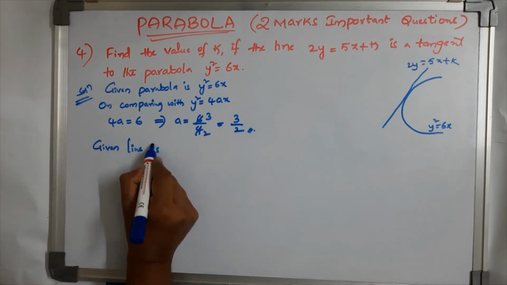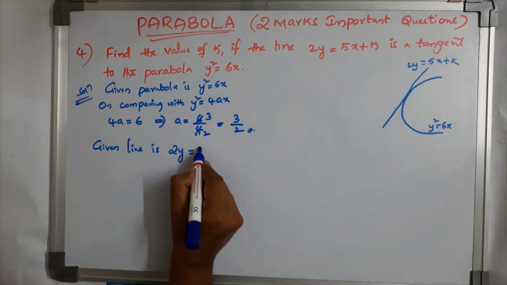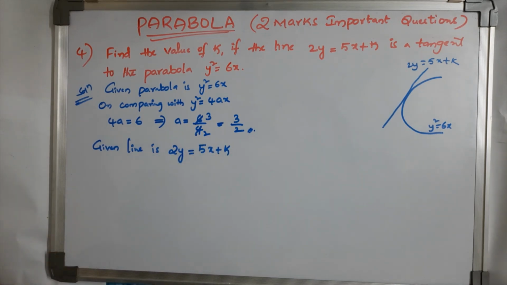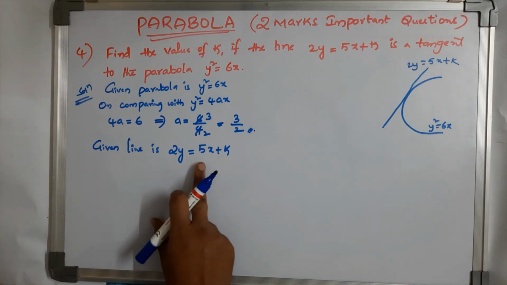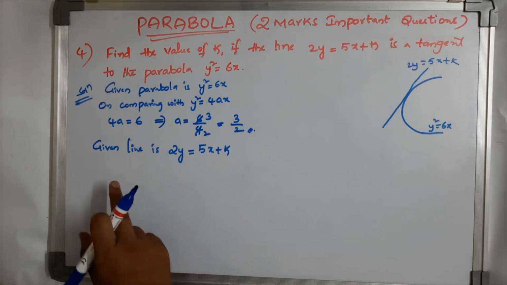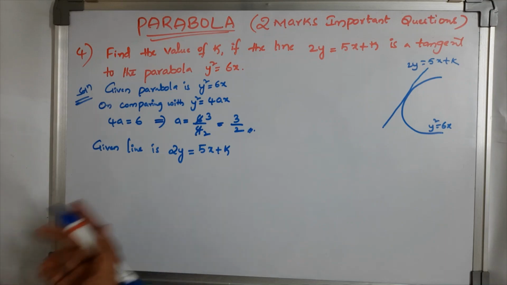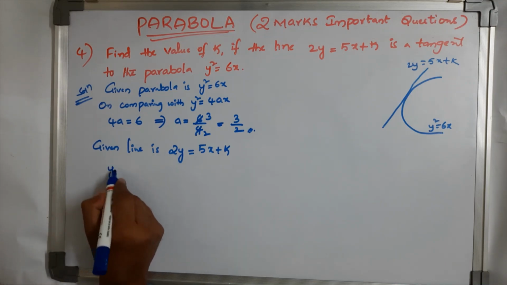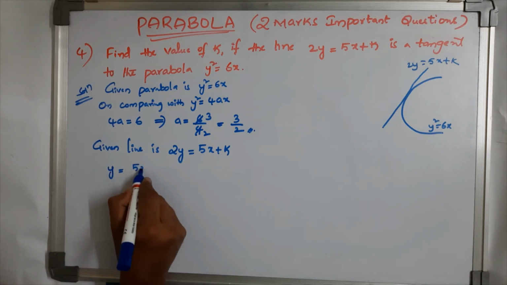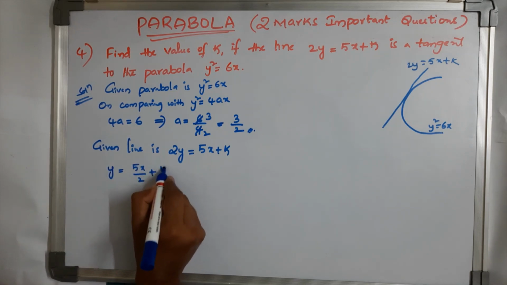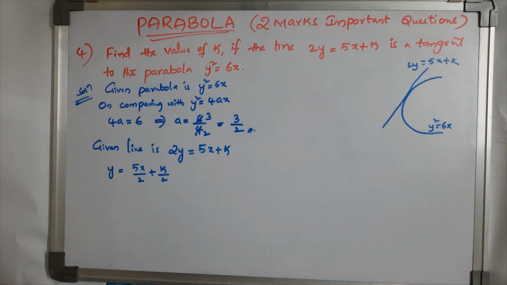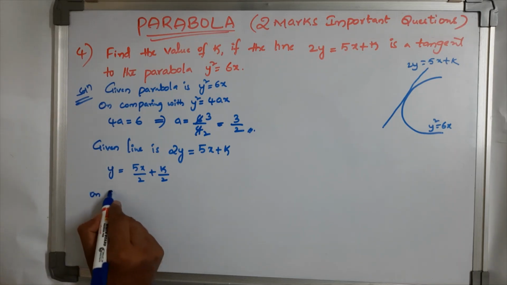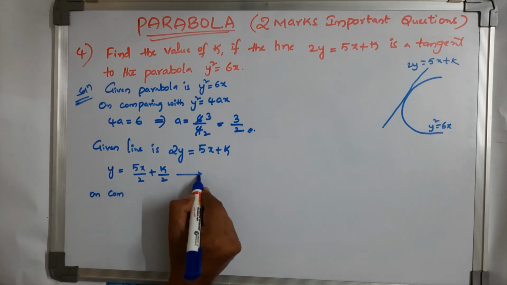Now the given line is 2y is equals to 5x plus k. Now make this 2y is equals to 5x plus k into the form of y is equals to mx plus c, so that take this 2 this side, you will get y is equals to 5x by 2 plus k by 2. Now consider this as equation 1.